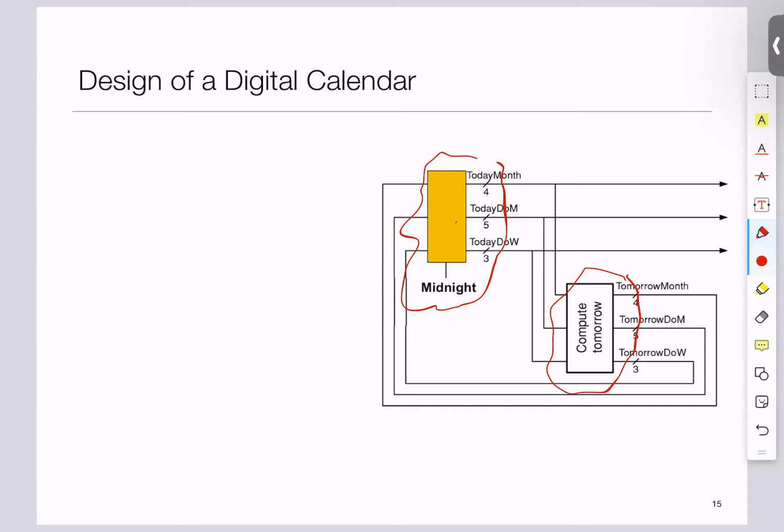But if this yellow block was also combinational, then we have a problem, because it would also immediately update its output. So what we want is a block which only does things at certain moments in time, and at all other times, its output doesn't depend upon what is at the input. So think of it as a memory of some form, a storage area.